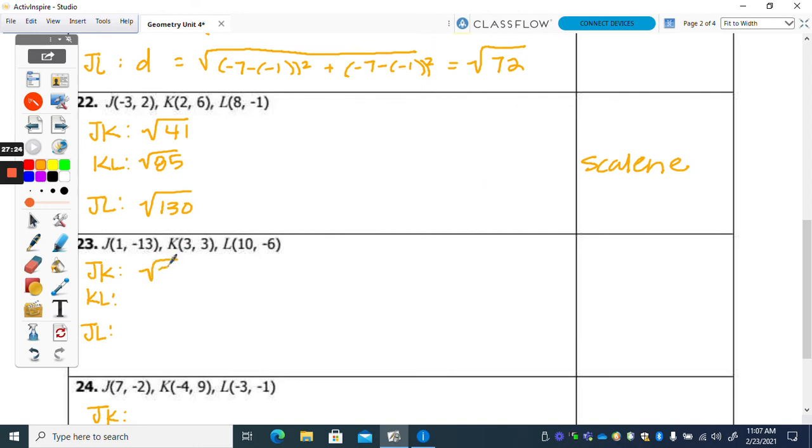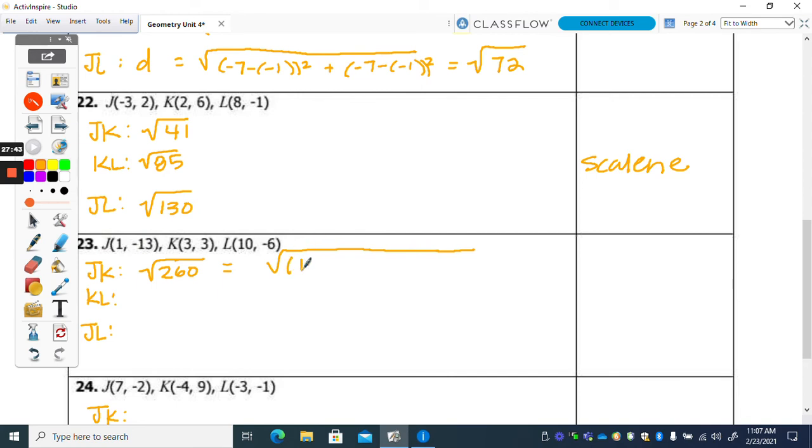Okay, so see, what you need to put in the calculator, and you need to know how to do this, or you're not going to get the answers right on the Bell Works or the other assessments. So in the calculator, when you're finding the distance from J to K, you're only going to put what's underneath the square root. I'm going to go over this again.